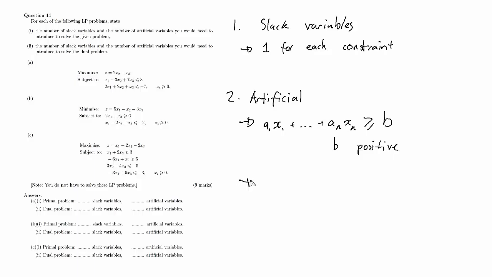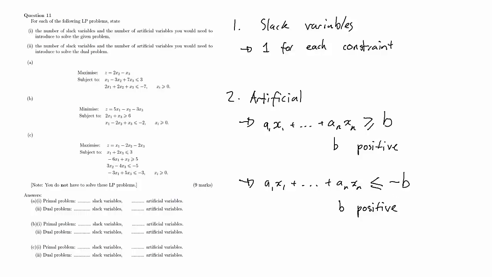This is equivalent to the other form that we'll be looking for, which is a1x1 plus ... plus anxn is less than or equal to a negative number. I write b positive here because we've included the negative sign there.